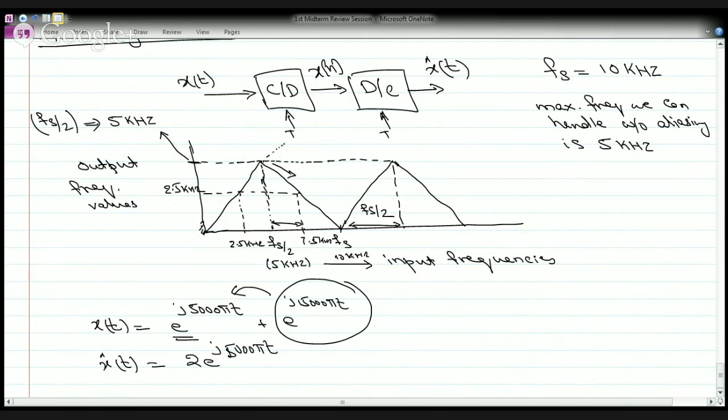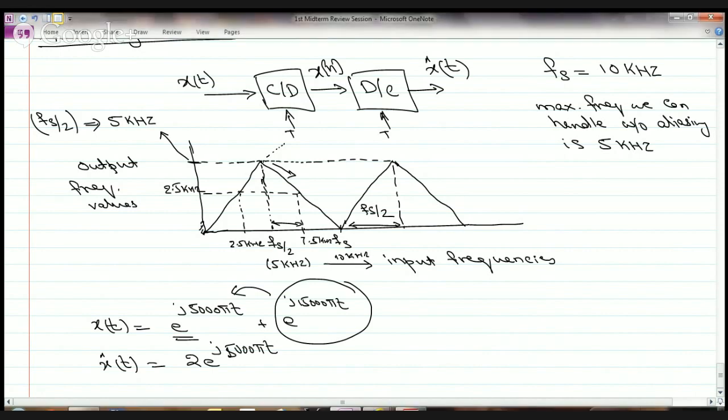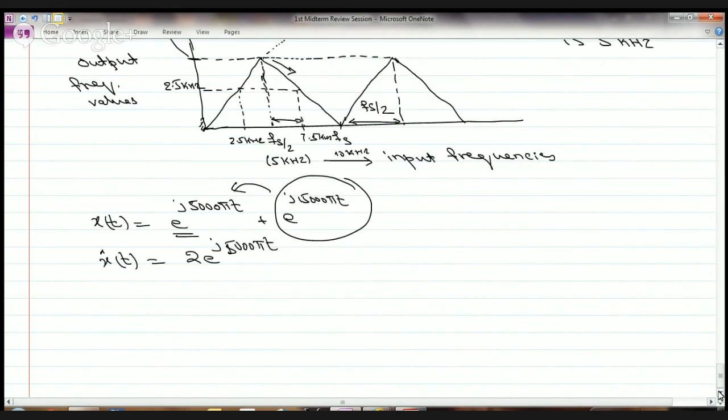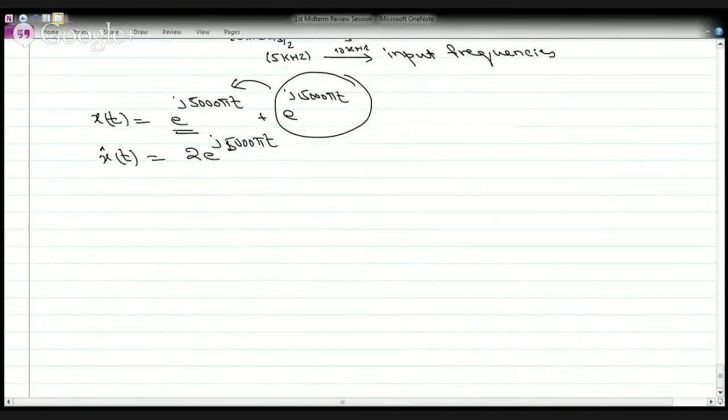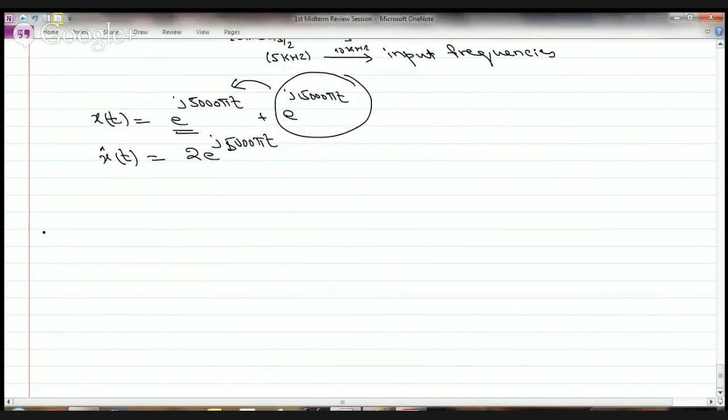Okay, another question. The anti-aliasing filter, how do we determine its bounds? So the anti-aliasing filter, what is the purpose of the anti-aliasing filter? The purpose of the anti-aliasing filter is to remove all frequencies higher than the frequencies that your system can handle.